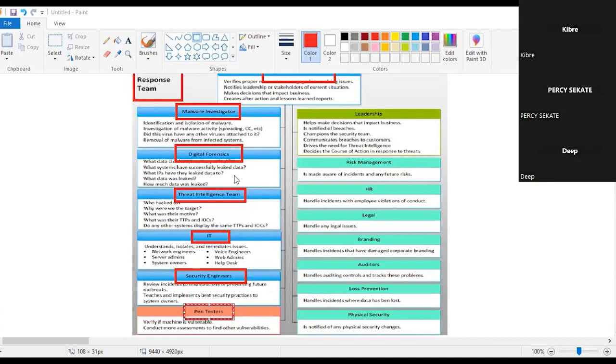Okay. So now, working in an organization, we can face risk by any chance, for any reason.